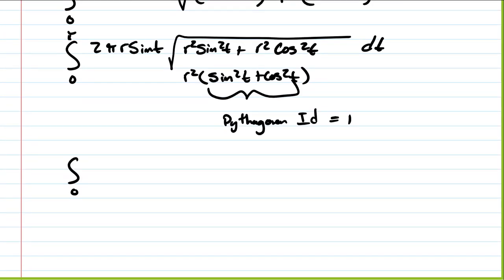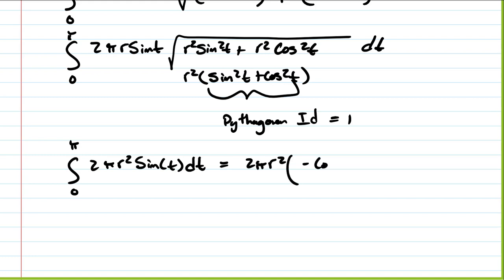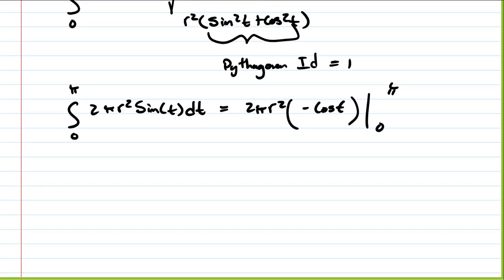So finally, after all that, we get 2 pi r squared sine t dt. So taking our antiderivative of sine, we're going to have 2 pi r squared, and the antiderivative of sine is negative cosine. We evaluate that from 0 to pi, which is pretty much what we just did.